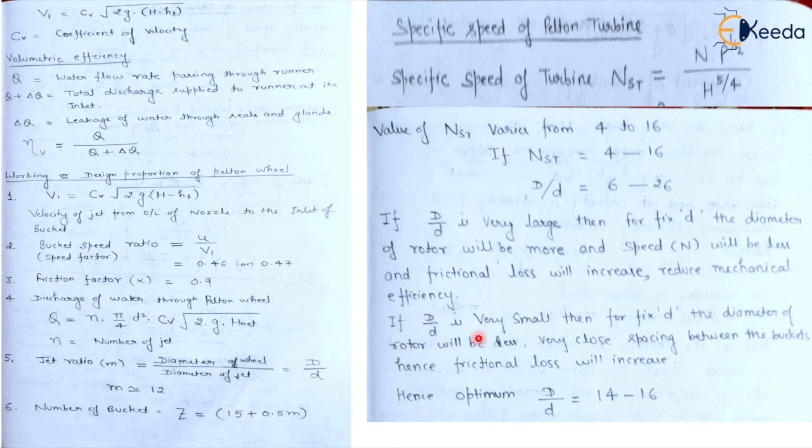If capital D by small d is very small, then for fixed small d, the diameter of the rotor will be less. That means very close spacing between the buckets, hence frictional loss will increase. Hence the optimum value for capital D by small d, the jet ratio, is considered 14 to 16.